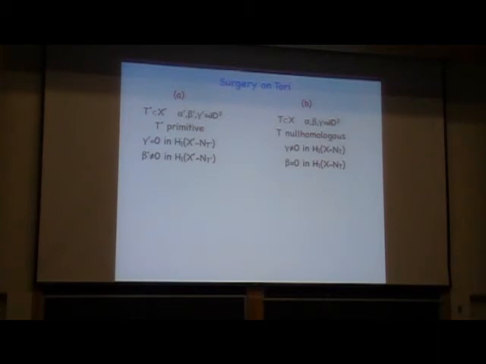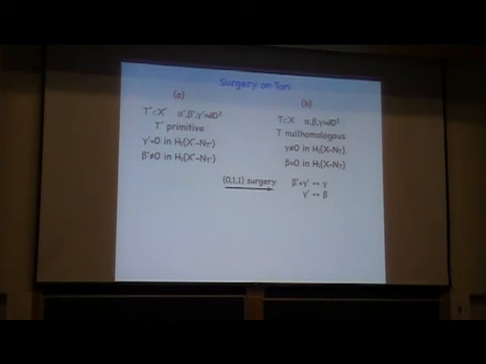T is now null homologous. When you do a 0, 1, 1 surgery, the meridian of T becomes identified with beta prime plus gamma prime. Well, gamma prime is trivial in the complement, and beta prime isn't, so their sum is not trivial in the complement. That says T can't have a dual class, so it becomes null homologous.